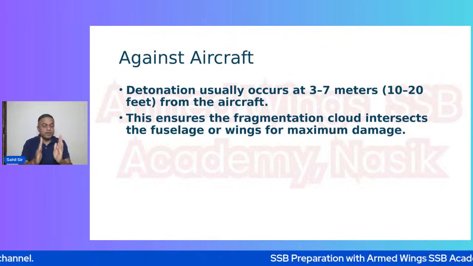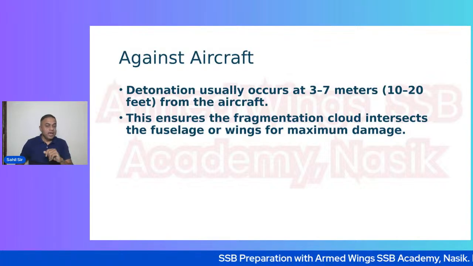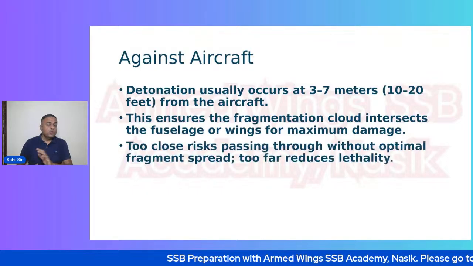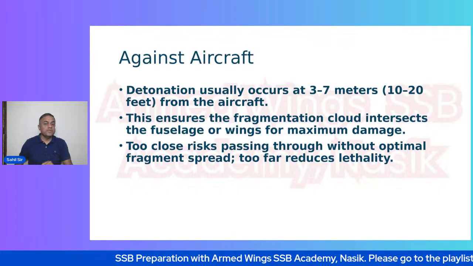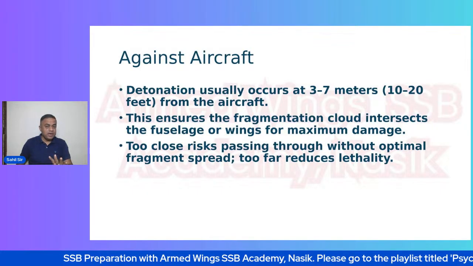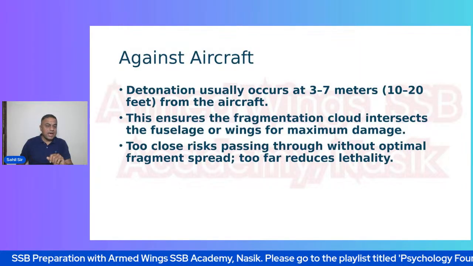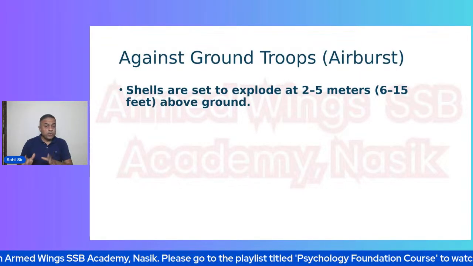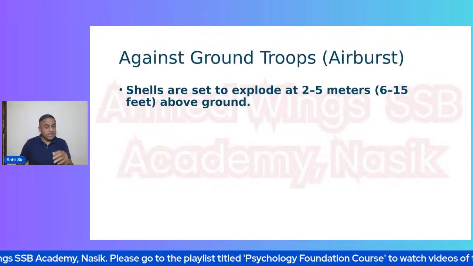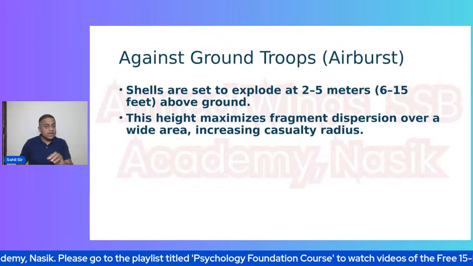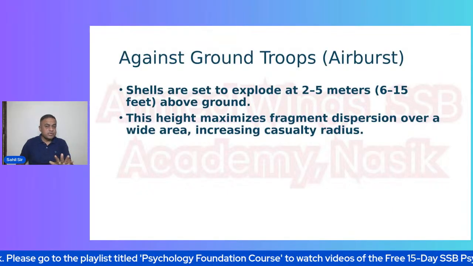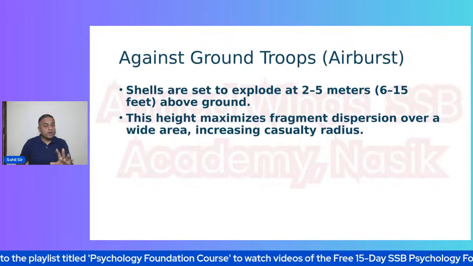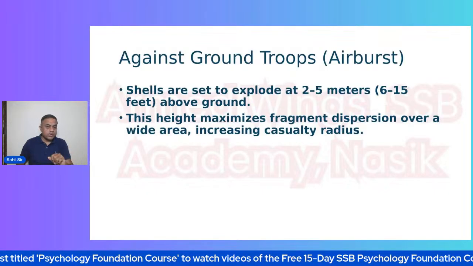Fuselage is the central tubular body of any aircraft. Too close risks passing through without optimal fragment spread. Too far reduces lethality. Then against ground troops, shells are set to explode at 2 to 5 meters above ground. This height maximizes fragment dispersion over a wide area, increasing the casualty radius.